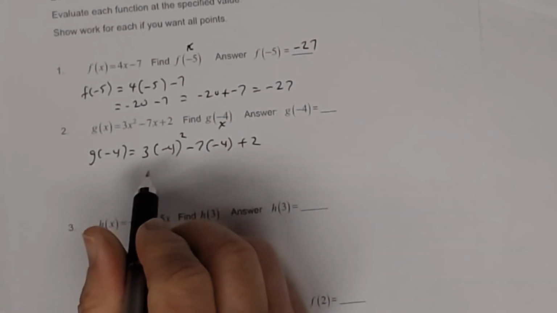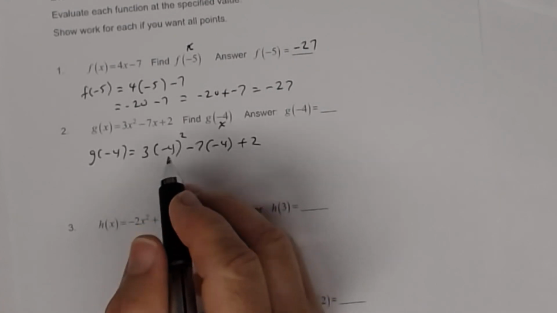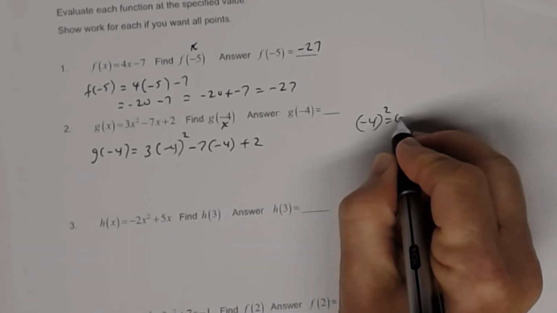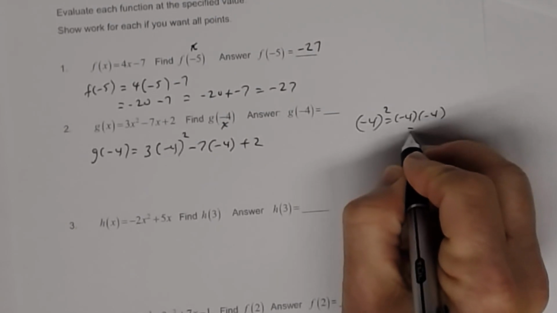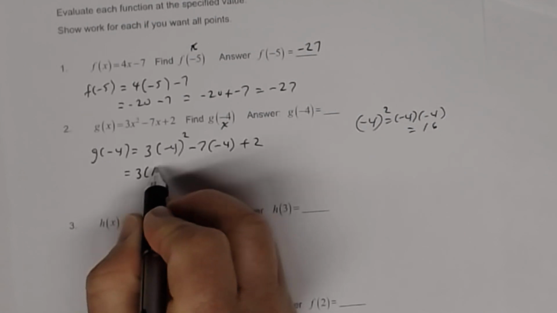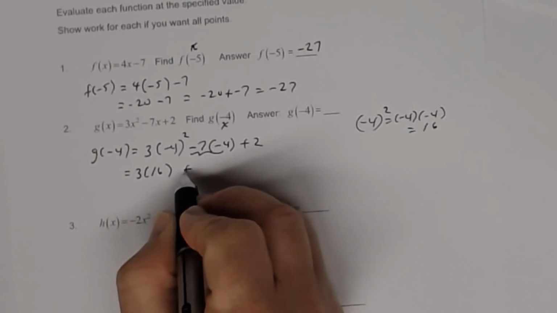All right, we have to use the order of operations. So remember, I have to do exponents before I multiply. So negative 4 squared, and you have to remember that negative 4 in parentheses squared means negative 4 times negative 4, which is a positive 16. So this becomes 3 times 16, and then a negative 7 times a negative 4 is a positive 28.